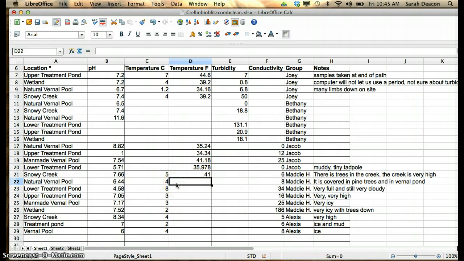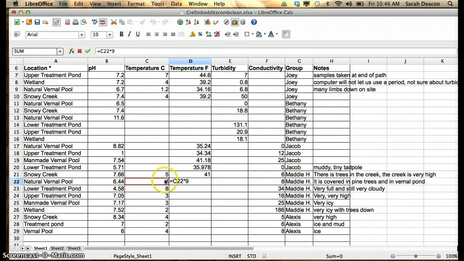Now, the next one, we'll do the same thing again, but this time instead of typing in the number, I'm just going to click on the cell. Look what happens when I click on cells. Whatever cell I click on, a different letter and number combination displays. If we go to C22, you'll see all the columns have letters, so we go to C, and all the rows, which run this way, have numbers, so we go down to 22, and what do we get? 4.